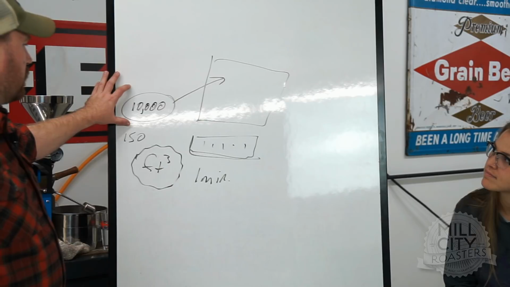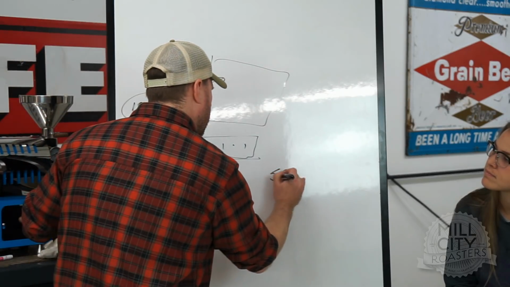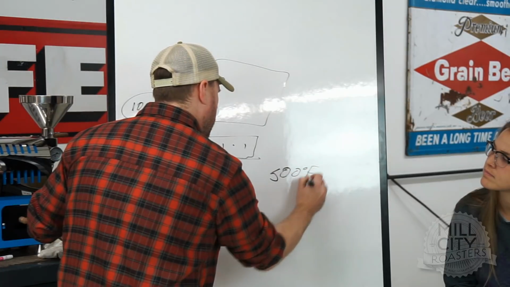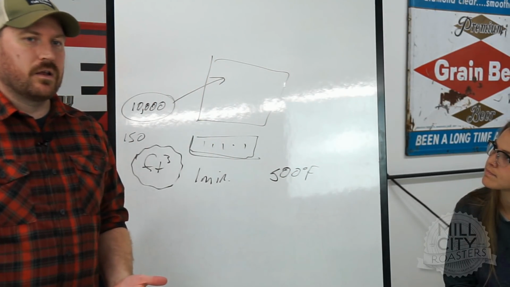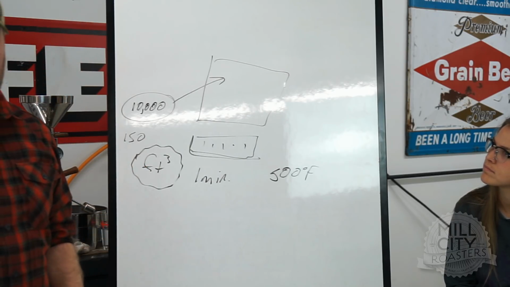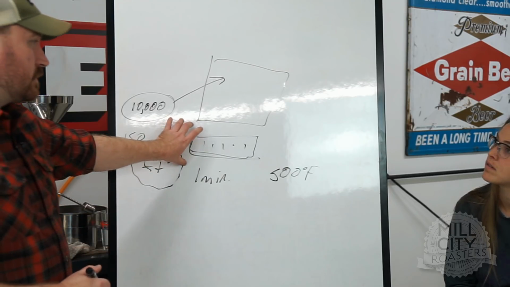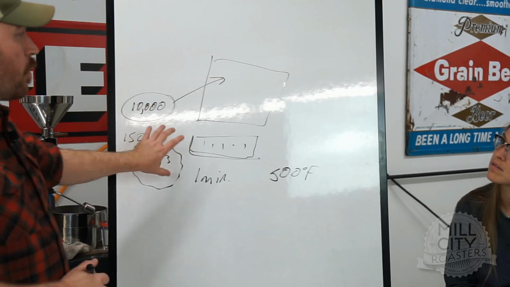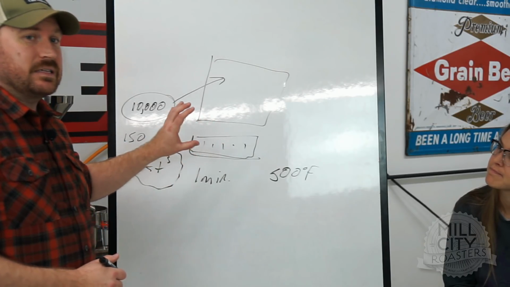That 10,000 BTUs can heat this to 500 degrees efficiently. But now all of a sudden I have a fan that can pull more than 150 cubic feet of air through that space.